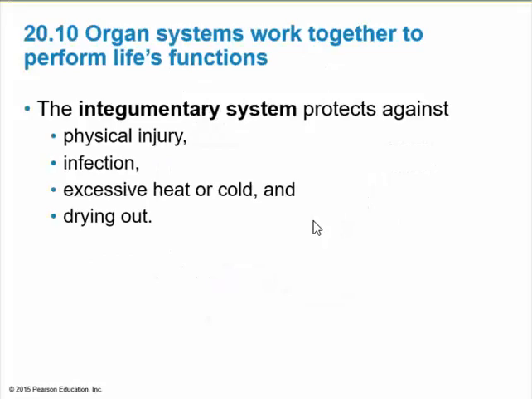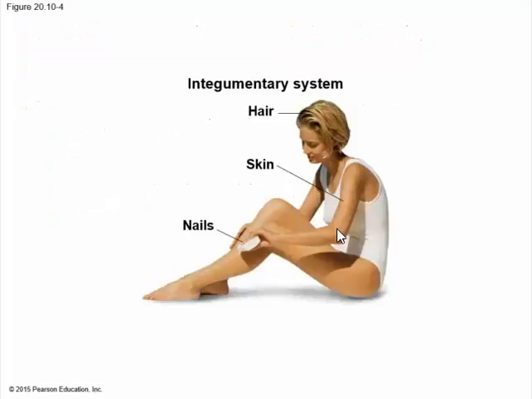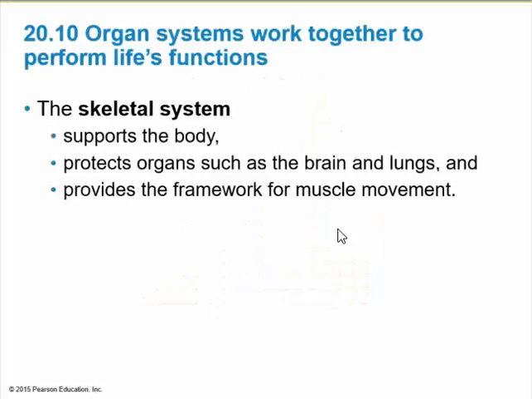The integumentary system is its own, your skin is its own body system. It protects you, keeps you from dehydrating, and also has means to protect you against infection. Keeps you warm or cools you off. The skeletal system supports the body, and with the muscle system makes movement possible.